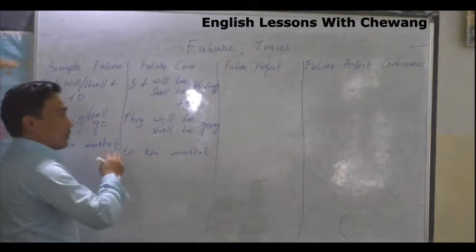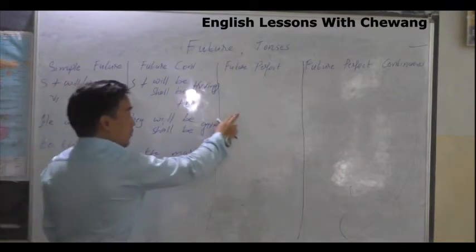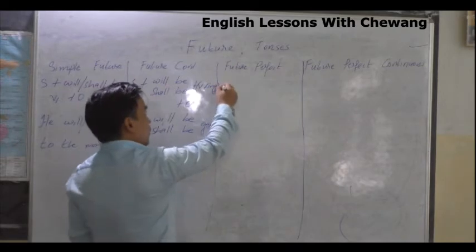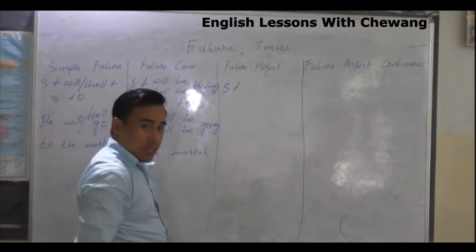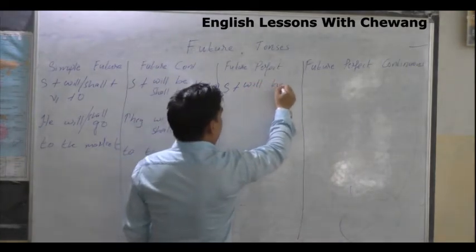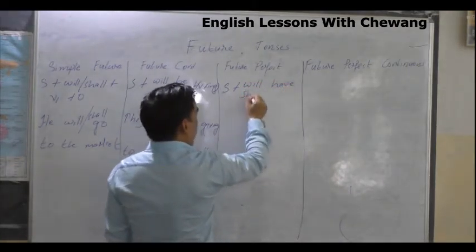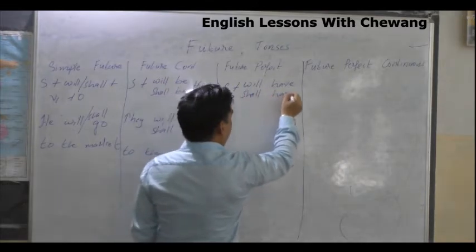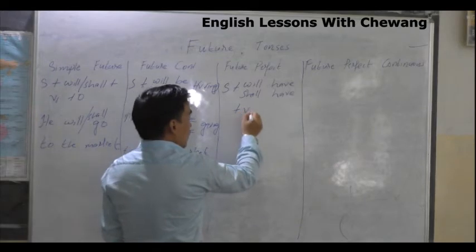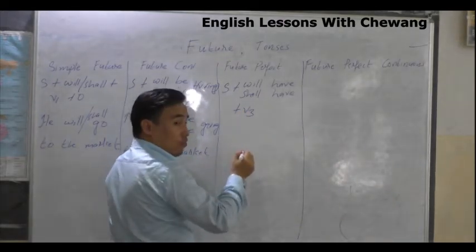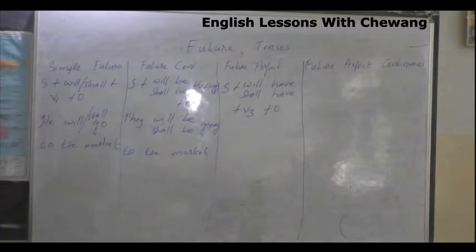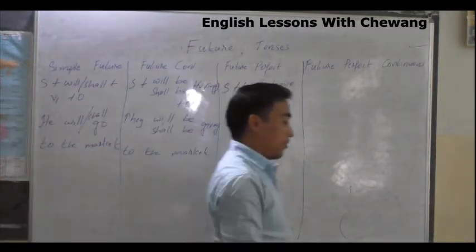Okay, alright. Sentence example. Future perfect. Future perfect. Subject plus, again, will have or shall have, plus verb, third form of the verb, plus object. This is future perfect tense.